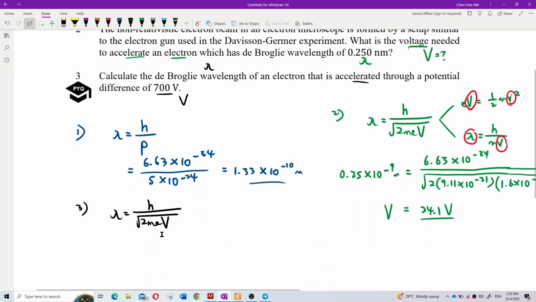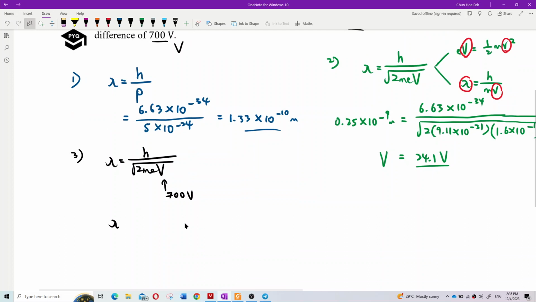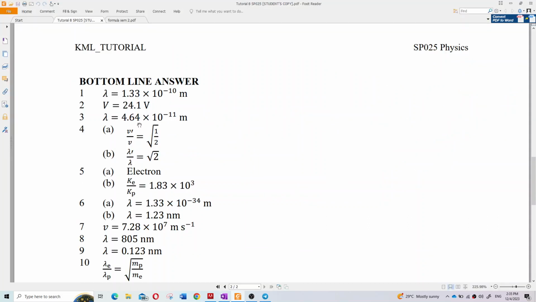Same thing: use the mass of the electron and the electron charge. For the voltage, you just put 700 volt. Planck's constant is 6.63 × 10^-34. Then you can find the wavelength. After you calculate, you get a wavelength of 4.64 × 10^-11.